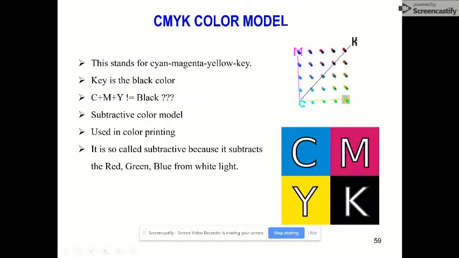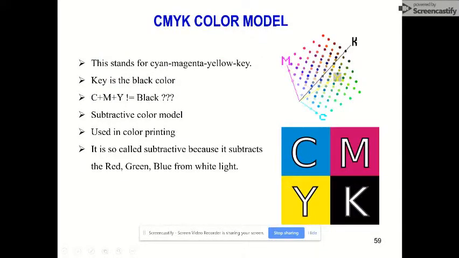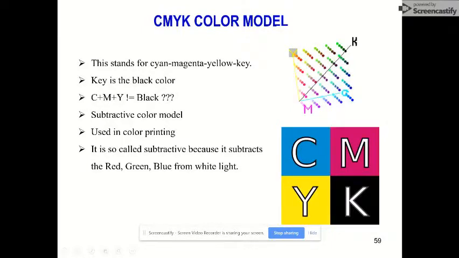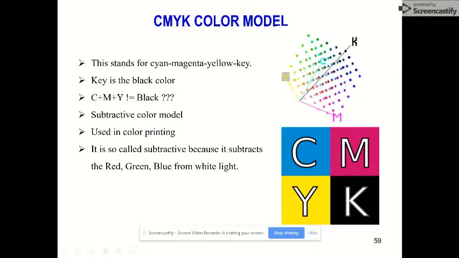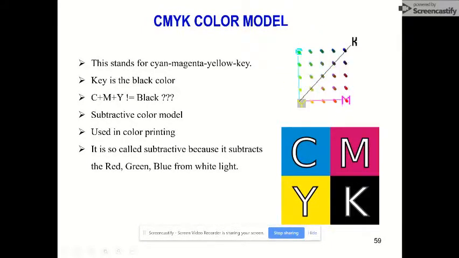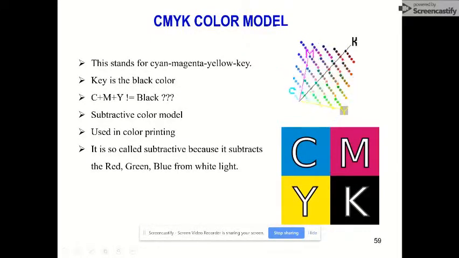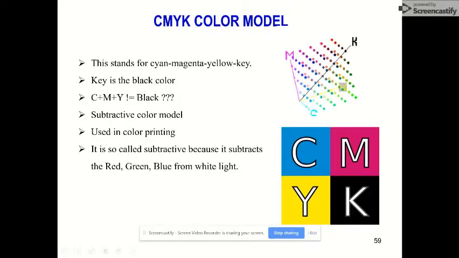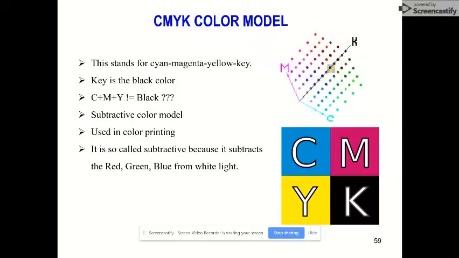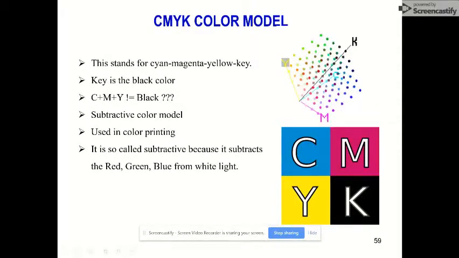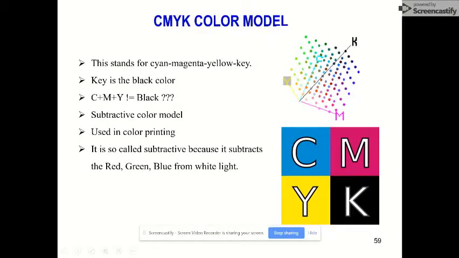So the CMYK color model. Why do we need to have it? I said that the CMY color model is mainly used for printing purposes. It's a subtractive color model, and theoretically it's proven that cyan, magenta, and yellow, when you add these three things together, they subtract everything from the white light and it produces the dark image. So practically the dark image which is produced by mixing all these three colors is not pure black.